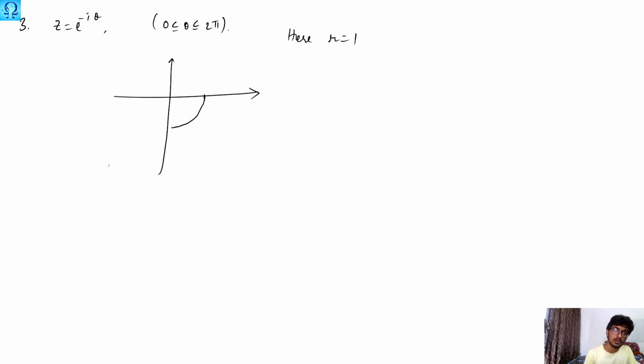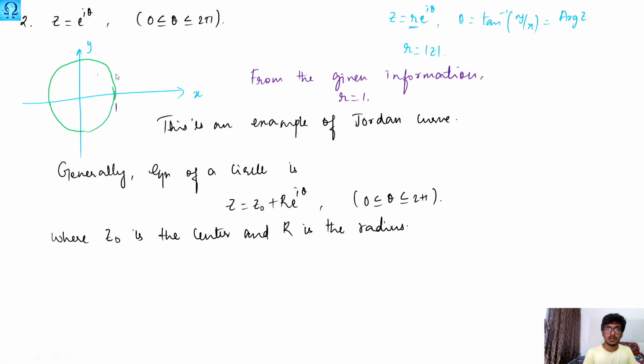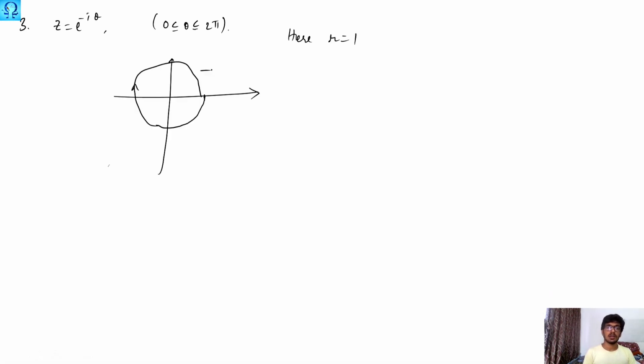So it moves like this, and you will get a circle, but it is moving in this direction, whereas in the previous case it is moving in this direction. Here it is in the positive direction, here it is in the negative direction.